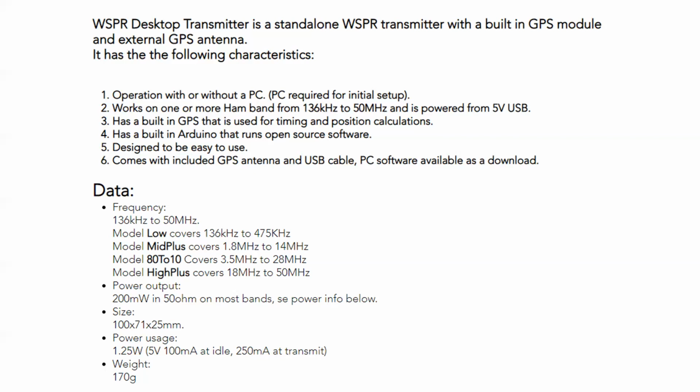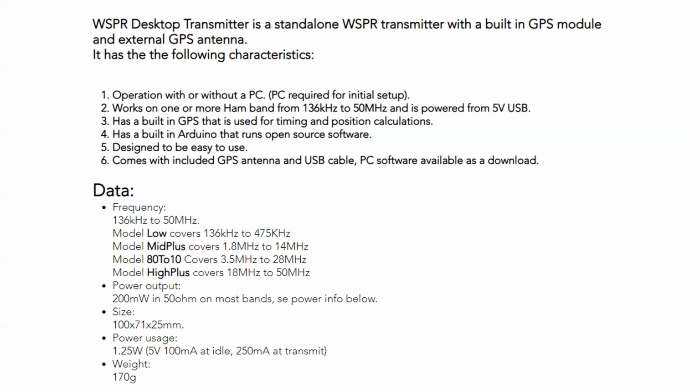And it's kind of impressive that it's not a one band thing. There's a big frequency range, but there are different models within that frequency range. The one that I have is model 80 to 10, which covers 80 meters to 10 meters, or 3.5 megahertz to 28 megahertz. But if you were interested in extremely low frequencies, there's a model for you.